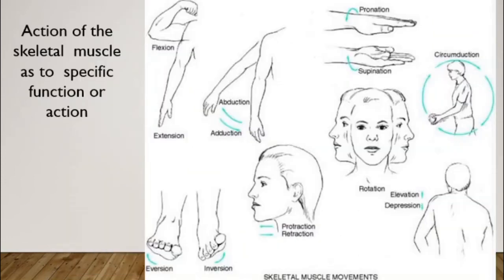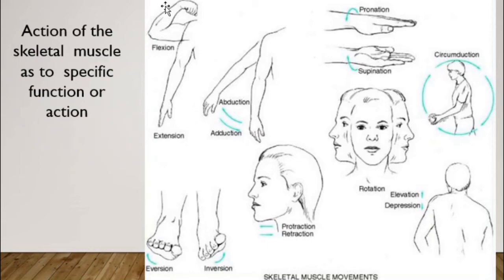In terms of action, some muscles are named after their action, since muscles also perform specific functions. We have flexion, which is the work of a lever in which your arm and forearm close together.